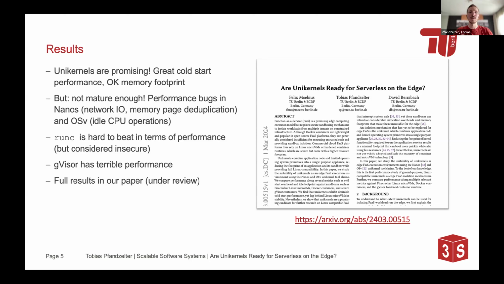But we did find that Unikernels right now at least aren't mature enough that you can use them in production. There are still a few performance bugs in different areas in Nanos and OSV, in I/O performance and CPU performance. And we also found that GeoFaaS had terrible performance, which was kind of surprising.